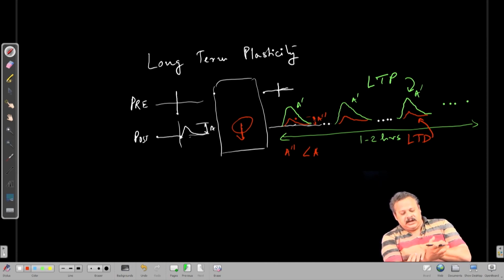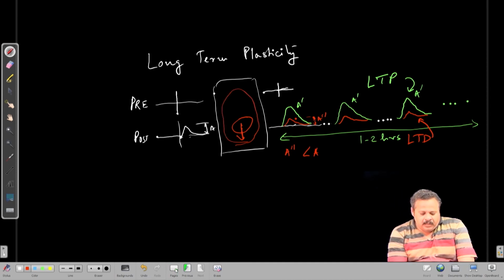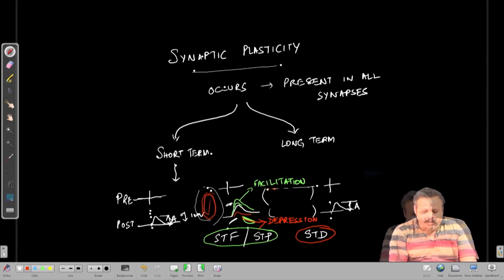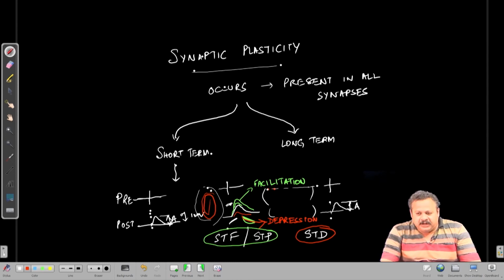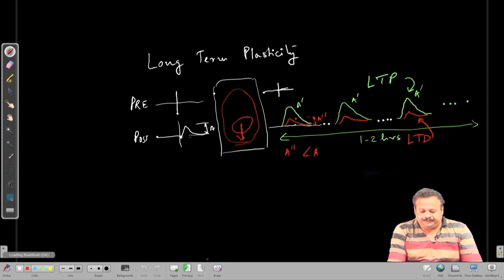Then it will become clearer as to what manipulation we will be doing here in order to observe long term facilitation and long term depression, or short term facilitation and short term depression.